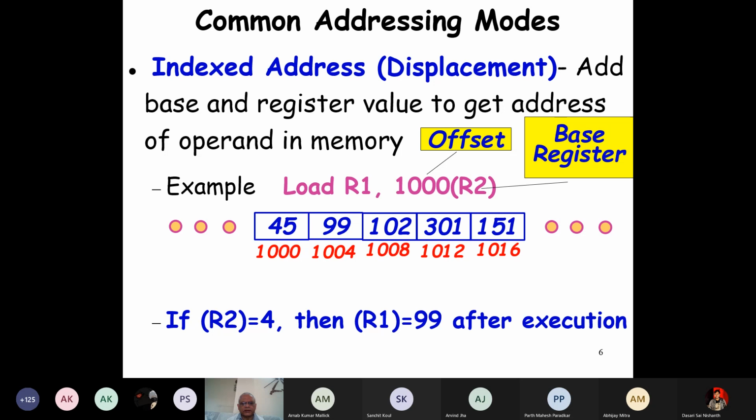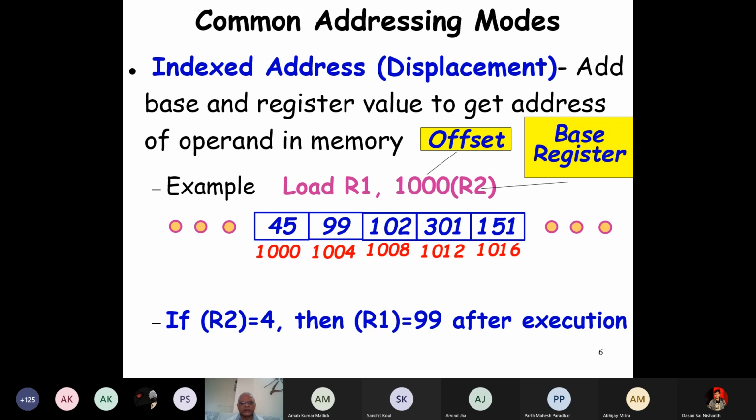The indexed addressing, or the displacement addressing: here we have two things. There is a register here, the contents of the register will be used, but to that some offset will be added. It is useful to have the operands in an array, and the array starts at a certain memory location.